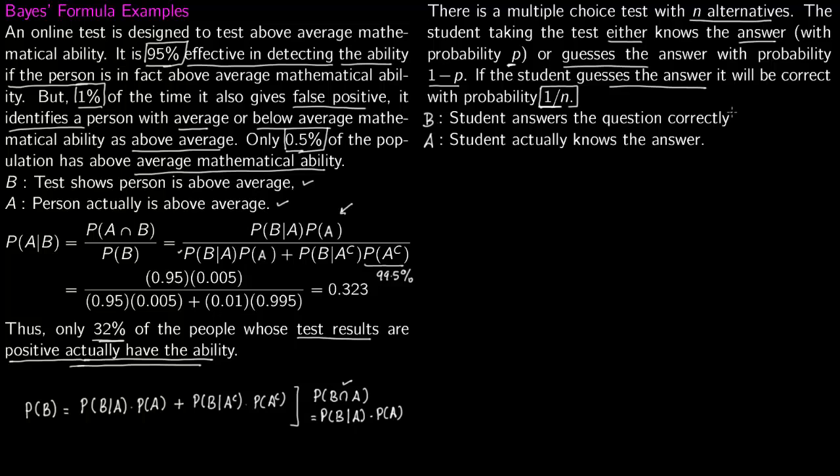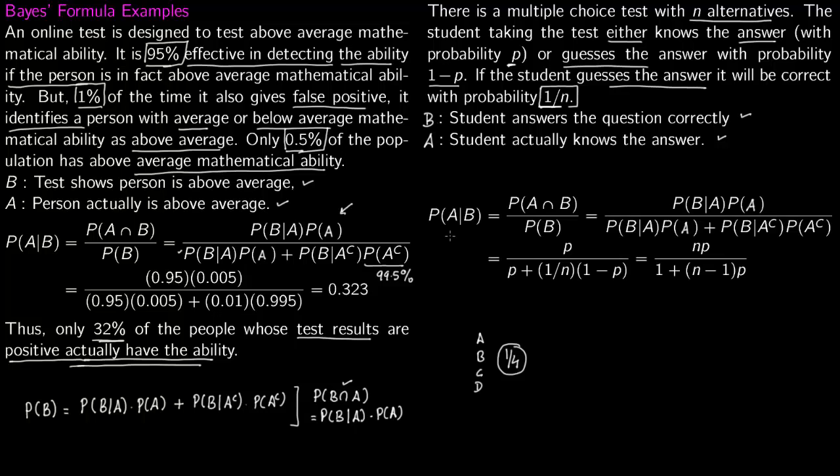So say B is the event that the student answers the question correctly. A is the event that the student actually knows the answer. So we want to find out probability of A given B. The student has answered the question correctly, but what is the probability that he actually knows the answer? Because he could have just guessed it.